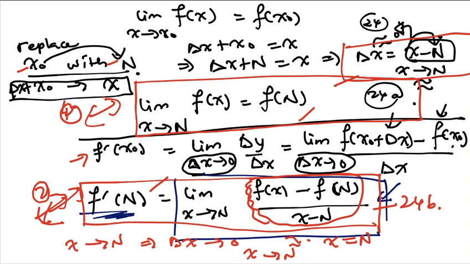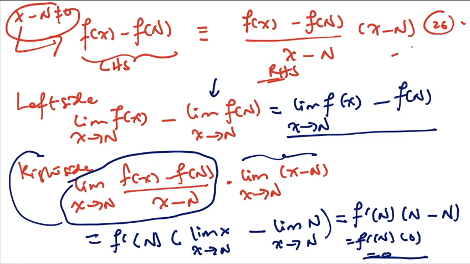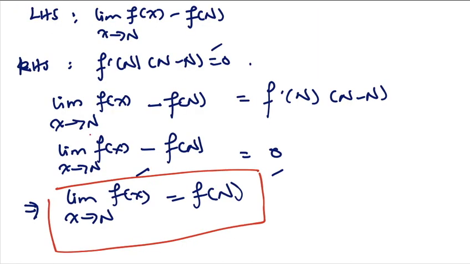From the differentiability condition, I come up with something like in 26, and then I take the limit of 26 on both sides, left hand side and also right hand side, as x approaches n, until finally I get something like this.